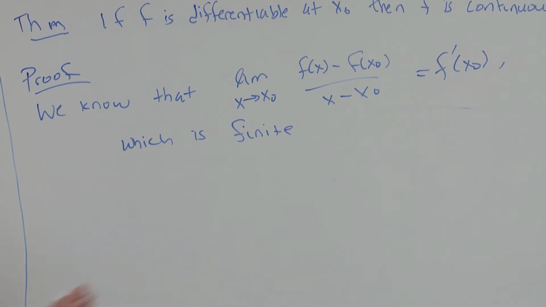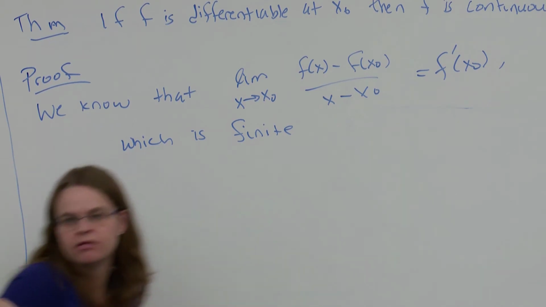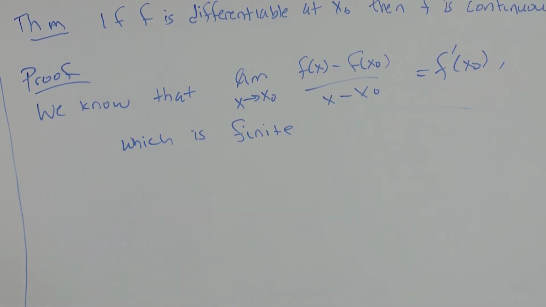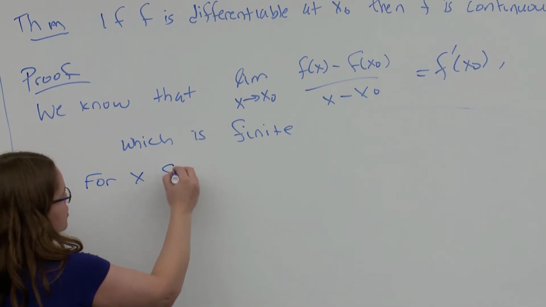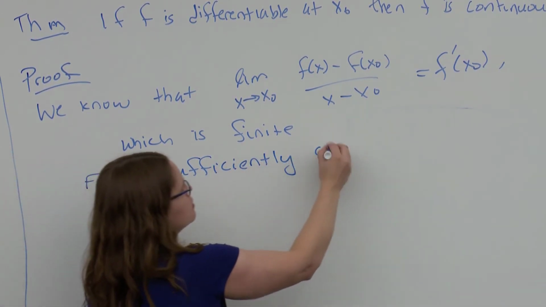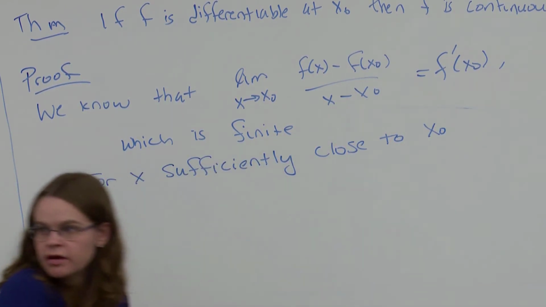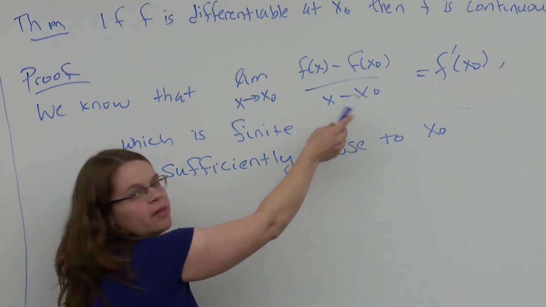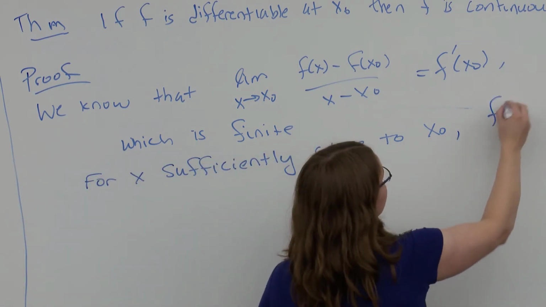Certainly, it means that if x is sufficiently close to x naught, this quotient is defined. It exists. So for x sufficiently close to x naught, but not equal to x naught, because we can't plug a 0 into the denominator, this thing exists.